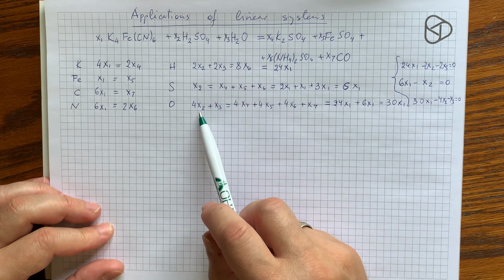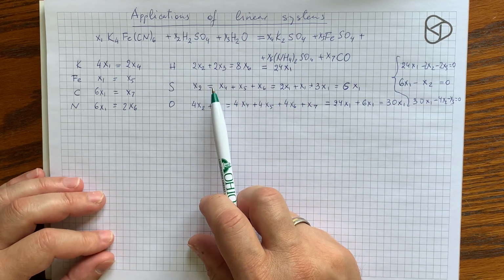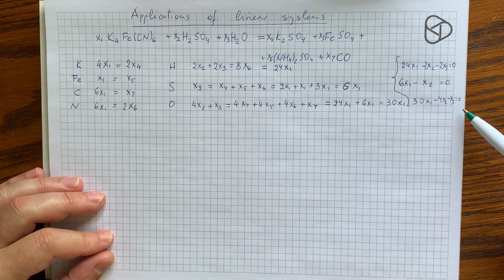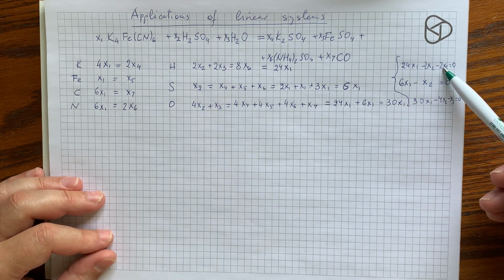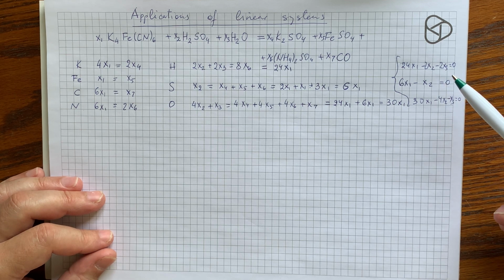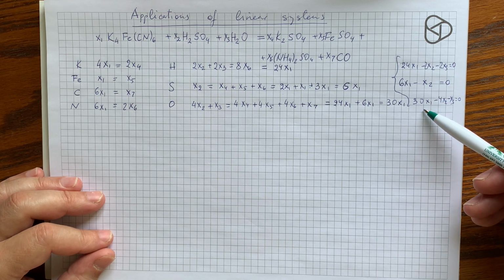Whenever we balance quantities of compounds in a chemical equation, we always will have a homogeneous system. So we'll always have a trivial solution where all amounts are 0. And that is a really bad balance. That is really saying that we don't do this chemical reaction at all, because we don't have any compounds reacting.